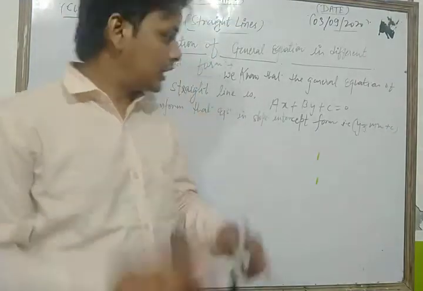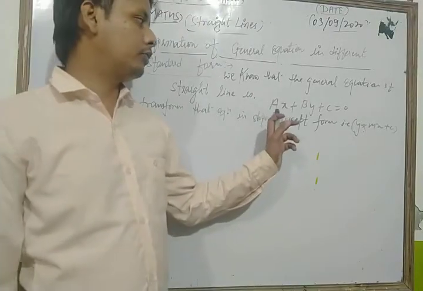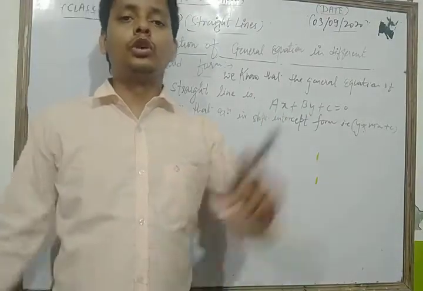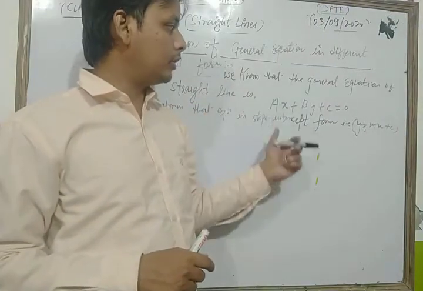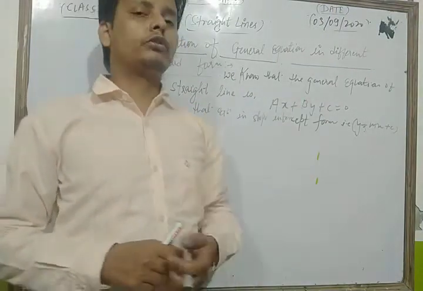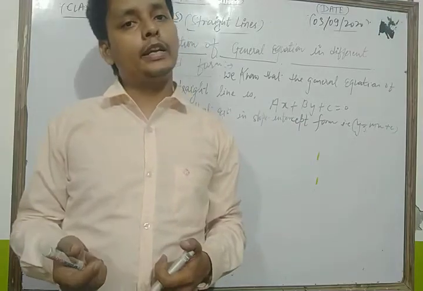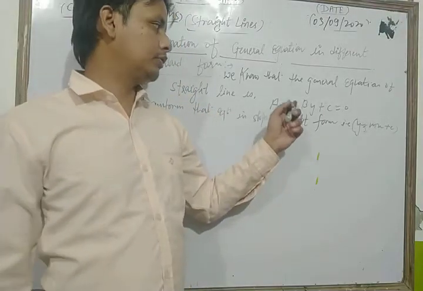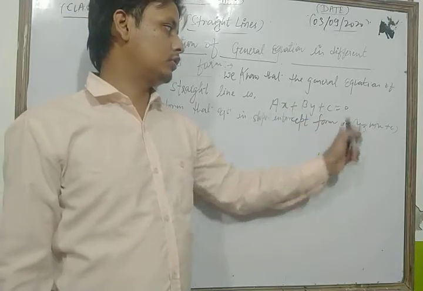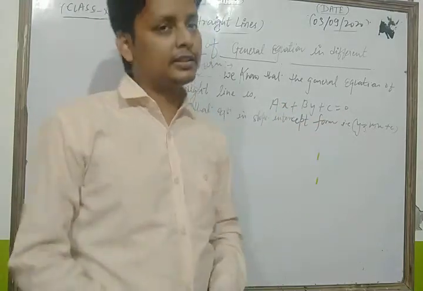And we know that the general equation of a line is of the form ax plus by plus c is equal to 0. We convert the general equation of a line into various forms of an equation. So first we can transform the equation of line ax plus by plus c is equal to 0 into slope intercept form. Let's see in this way.